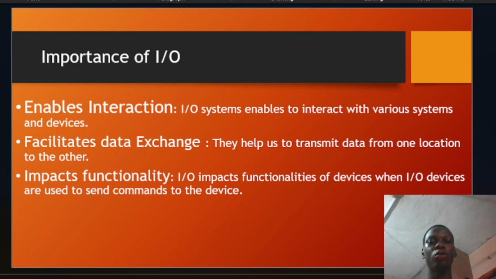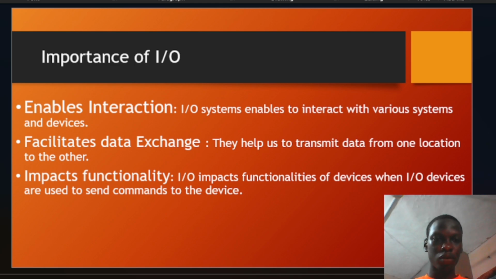For example, you use it to send information to the computer to put certain functionalities into your video game. You can use it to impact functionalities of your computer, not only the video games but also to issue commands to your computer.